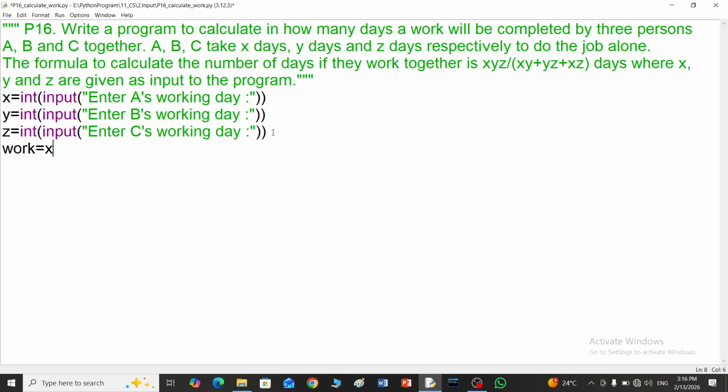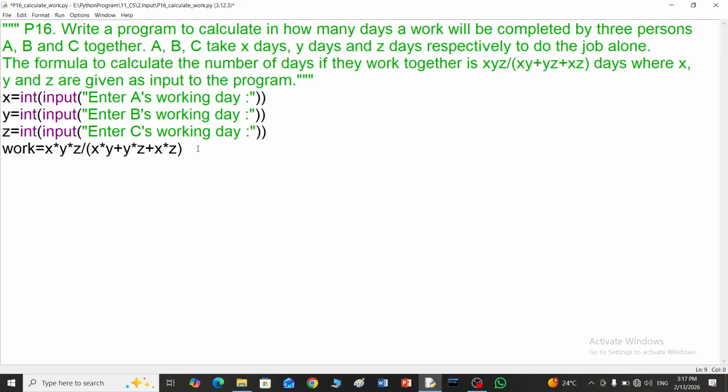X into Y into Z, divided by X into Y plus Y into Z plus X into Z. That means X, Y, Z, all the working days together divided by X into Y, that means A with B's working days, then B with C's working days, and then A with C's working days.